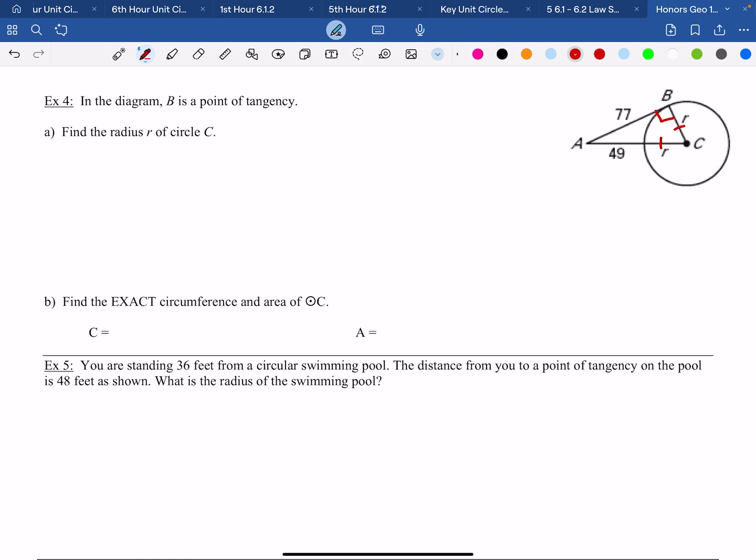So what we're going to do is probably exactly what you anticipated. We are going to use the Pythagorean theorem to solve. Let's go ahead and get set up. We have legs squared. I'm going to write up here 77 squared plus the radius squared is equal to, now be very careful, the hypotenuse is the sum of these two numbers.